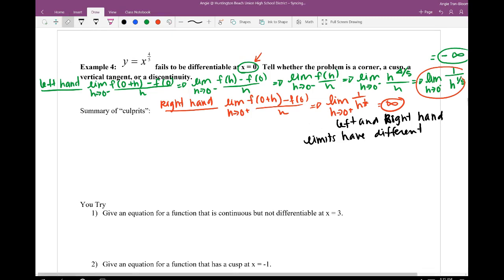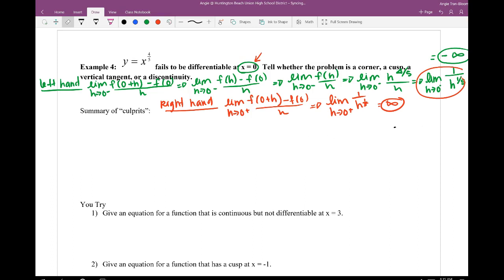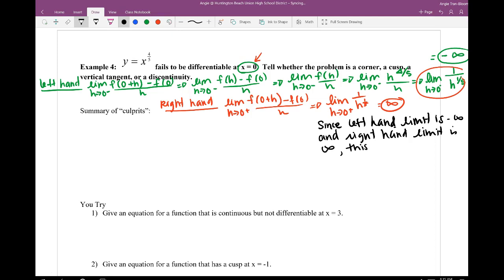Why don't we spell it out? Since the left hand limit is negative infinity and the right hand limit is positive infinity, this is a cusp at x equals 0. Okay.